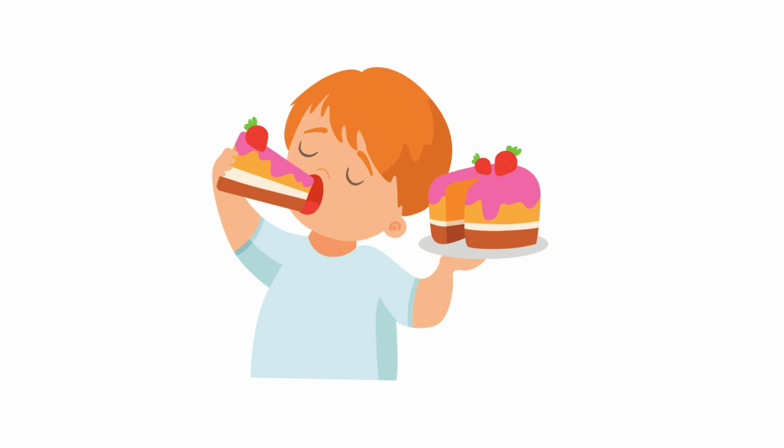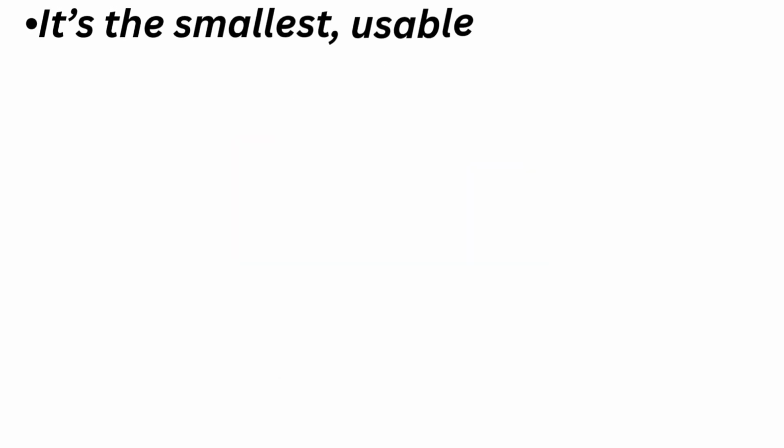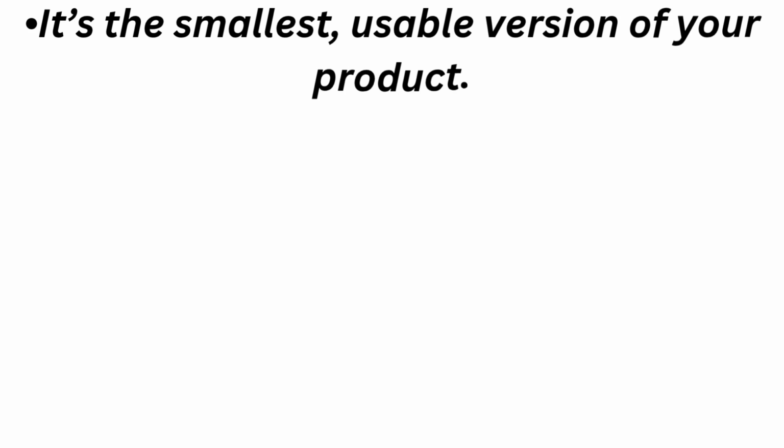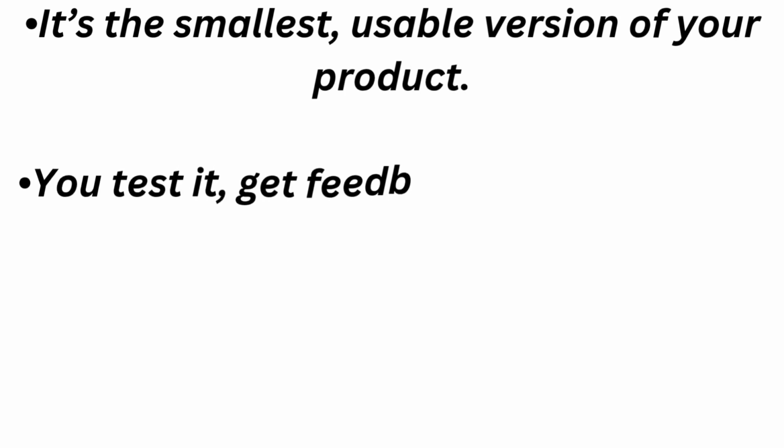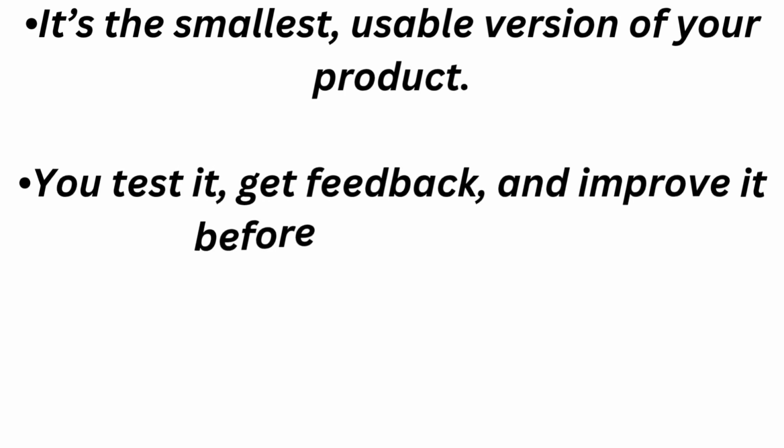But before you decide to bake the whole cake for the party or for the program, you decide to bake a sample cake first. This sample cake in the tech world is called the MVP, right? So the MVP is the smallest usable version of your product. So you test it, you get feedback, and you improve it before building more.